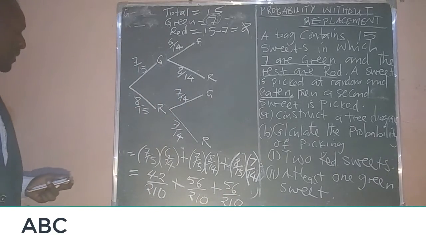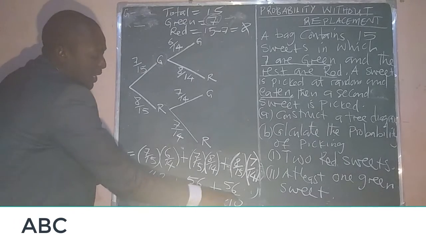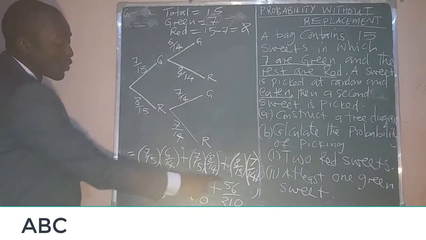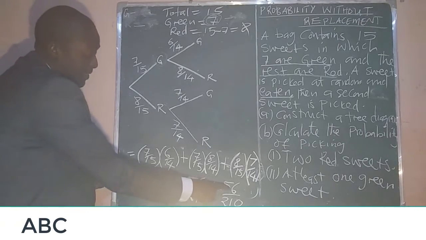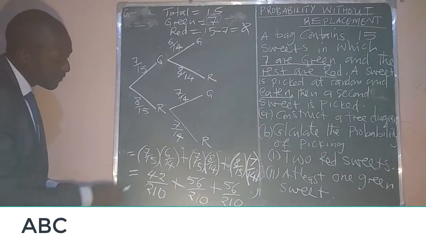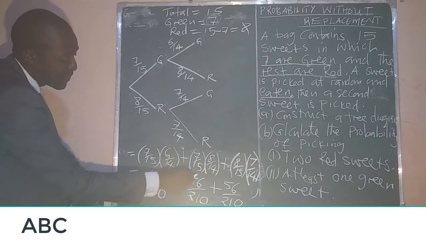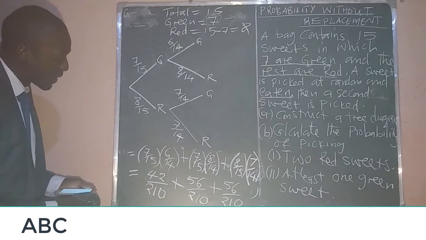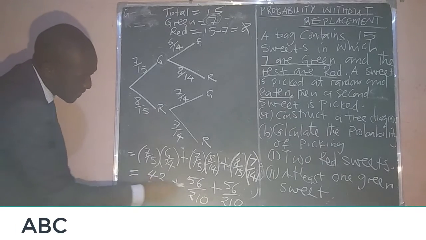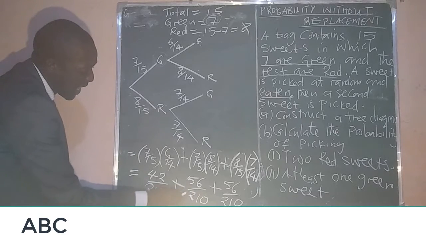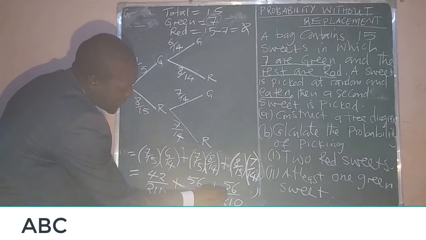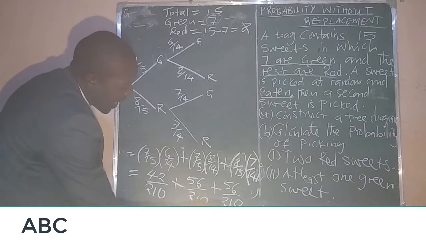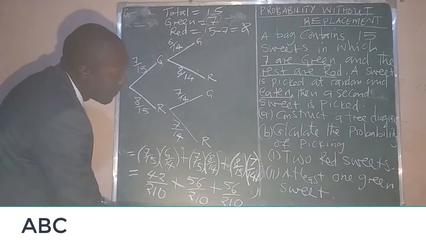And then now, since the denominators are the same, we can just add on top. So we are going to add 42 plus 56 plus 56. When we add 42 plus 56, which will give us 98, 98 plus this 56 that we have here is going to give us 154.